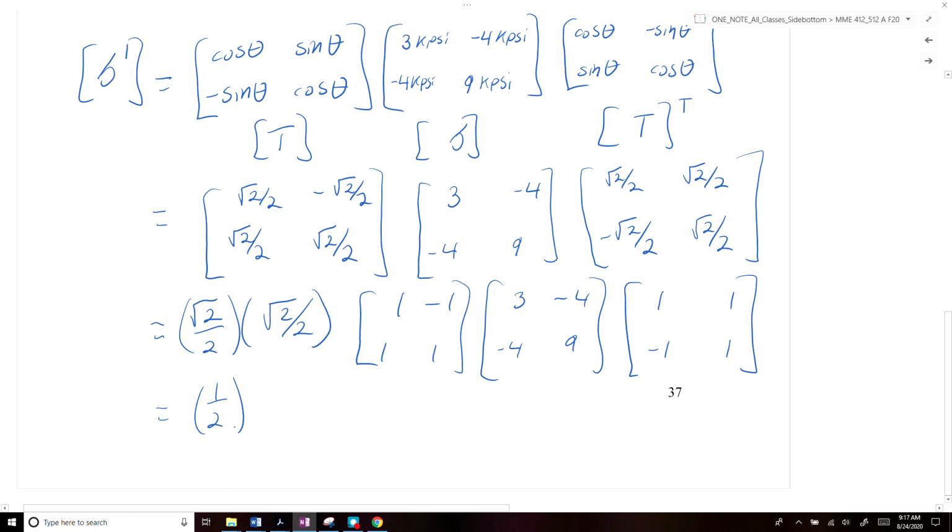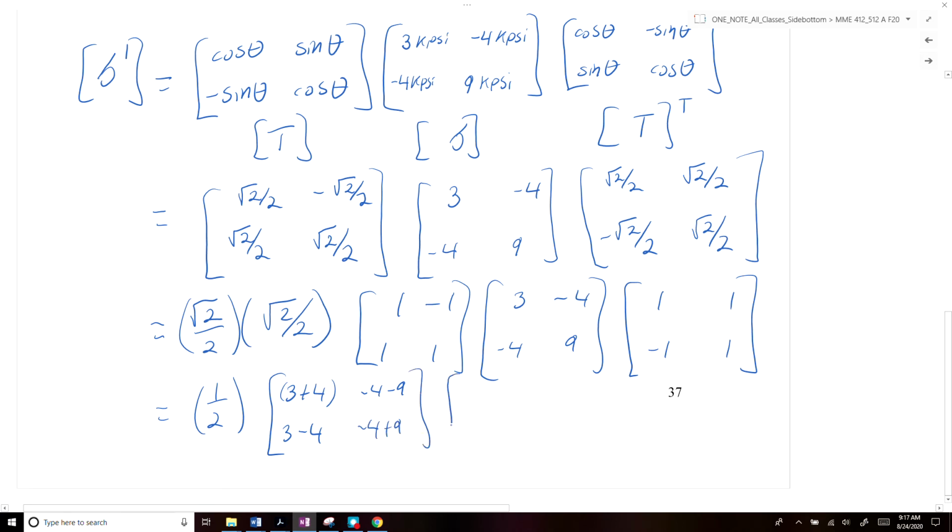If you multiply the first two matrices together, we get 3 plus 4 for the first row, first column; minus 4 minus 9 for the first row, second column; 3 minus 4 for the second row, first column; and minus 4 plus 9 for the last entry.